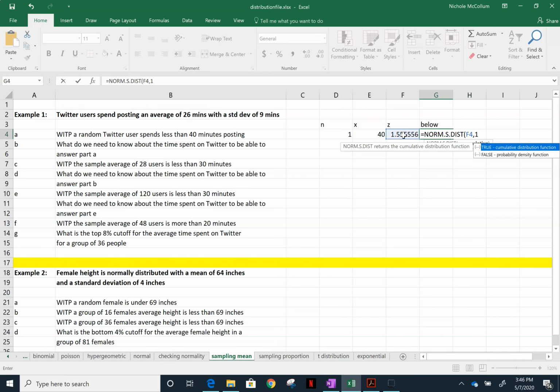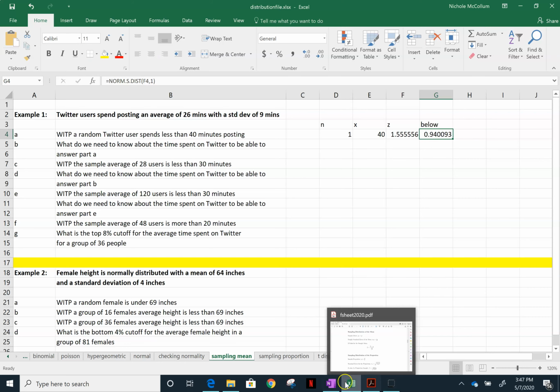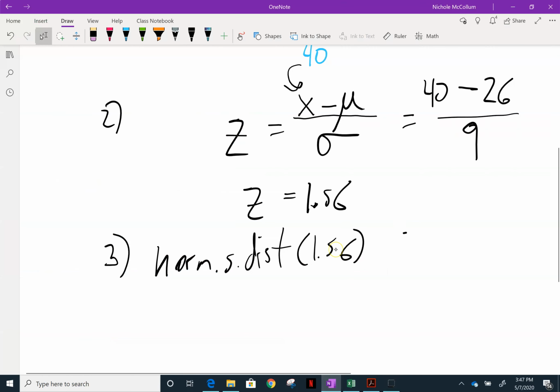And again, we always choose 1 when we're looking at NORM.S.DIST because we're always looking for area, and that area will be found by calculating an integral. When you put the 1 on, it turns on the integration ability. And so that is the area below, 94%. So going back to my picture, whether you look in the table or use NORM.S.DIST, you're going to get 94%.